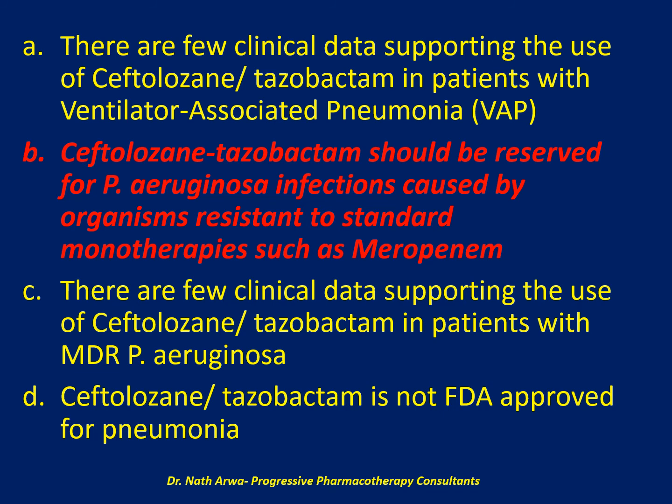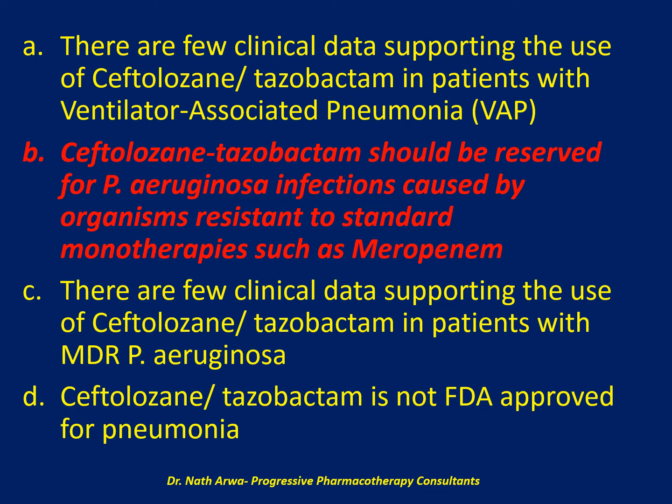Now, I'd like to add that half of the patients in this trial had VABP. Now, there are also multiple non-comparative observational studies describing experience with Ceftolozane-tazobactam for MDR Pseudomonas aeruginosa. Thus, choice C is incorrect in my opinion.